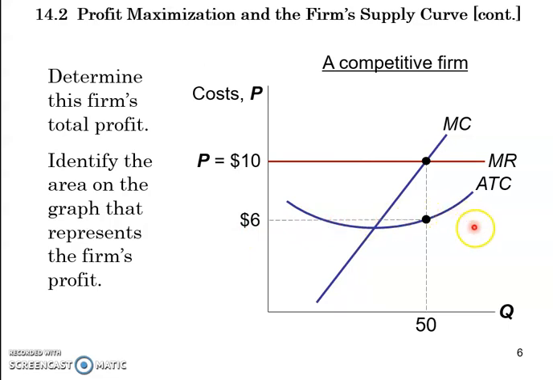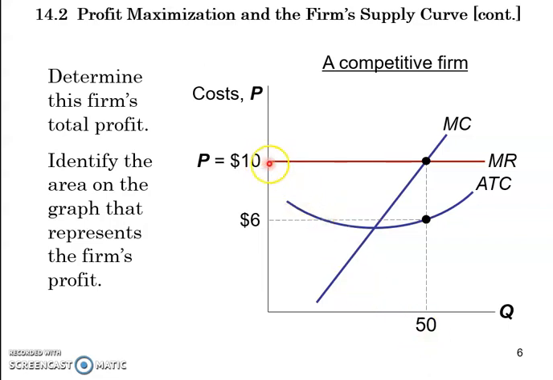Now, with all of this information, what we could find, number one, is the total revenue. We already found the market price, $10, and the quantity, 50. So price times quantity will give us the total revenue.